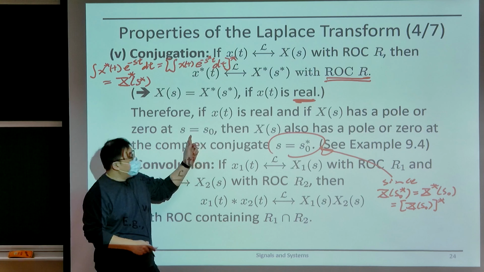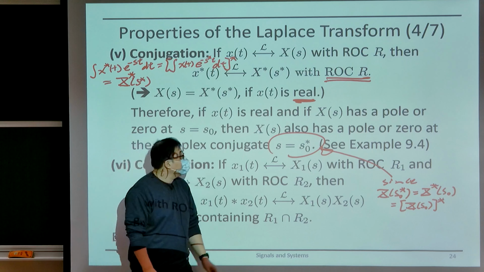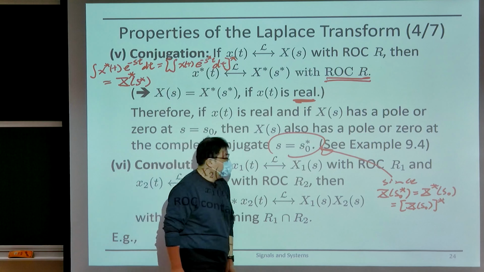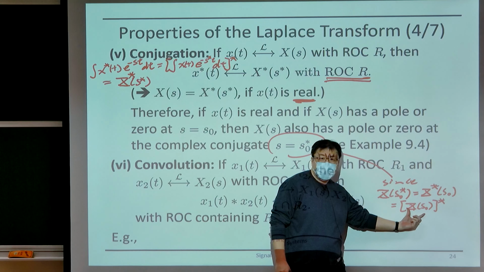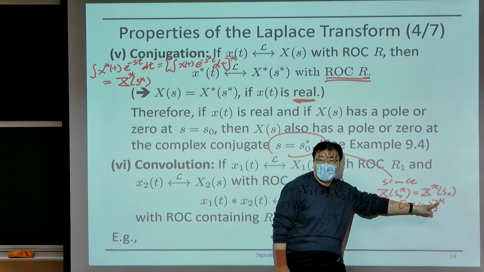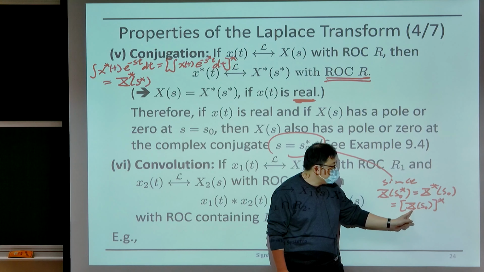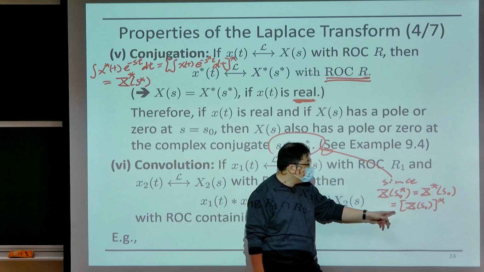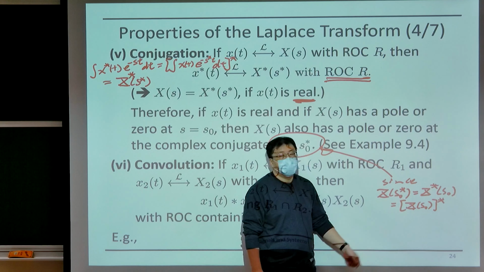So this is saying that if s naught is a zero, then X of s naught is 0, and the complex conjugate of 0 is still 0. So if s naught is a 0 of X, then it means that s naught complex conjugate is also a 0 of X.